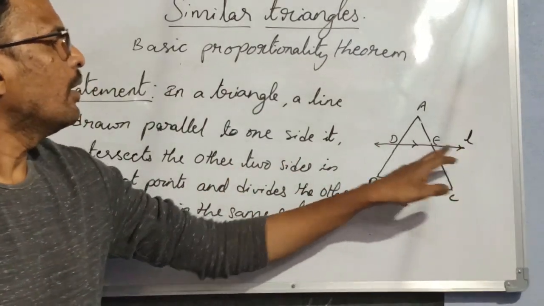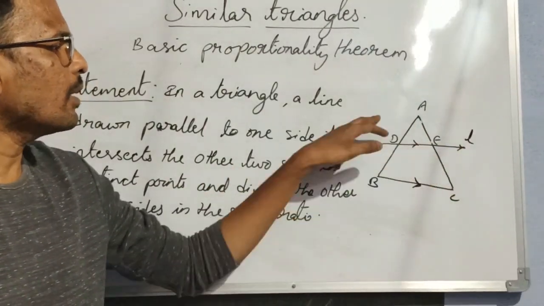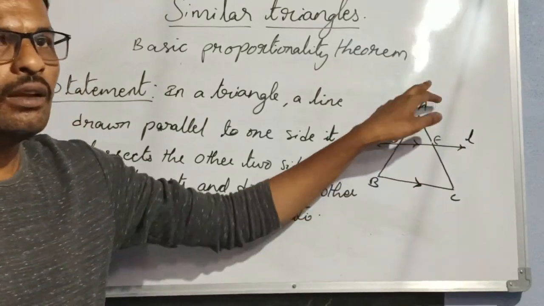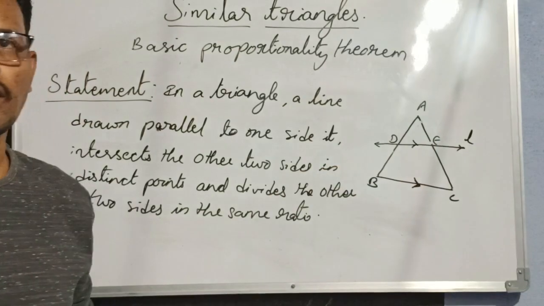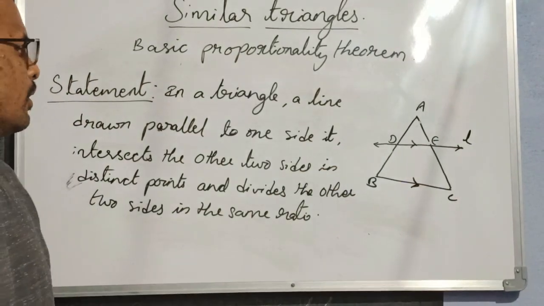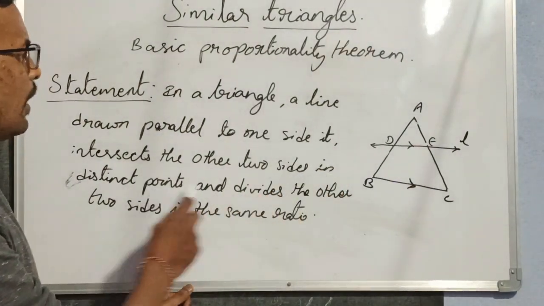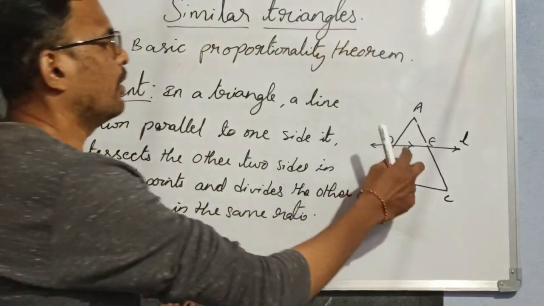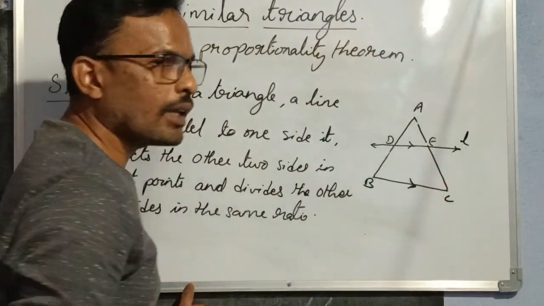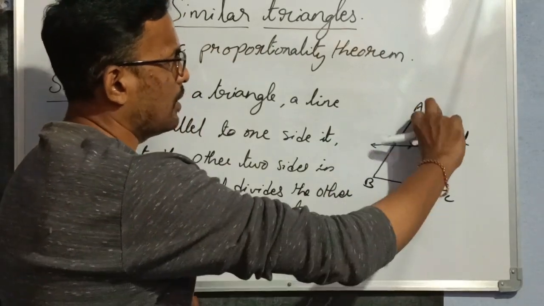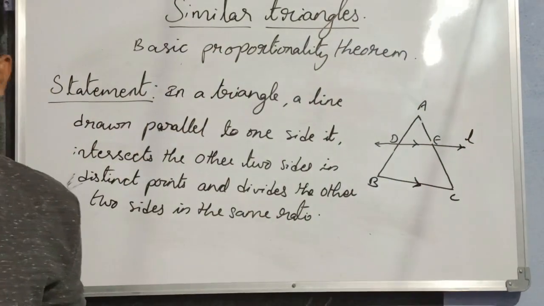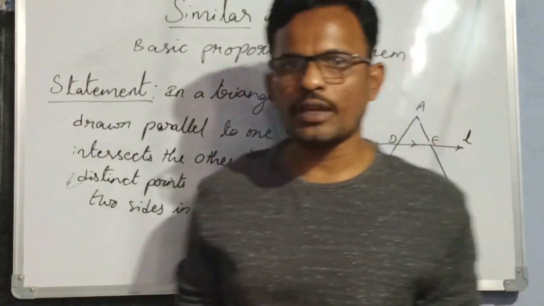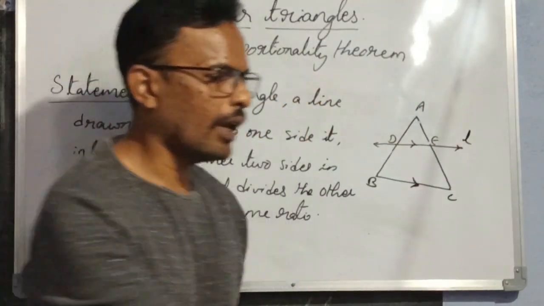So here this line is intersecting the other two sides in distinct points, means AB is intersected at point D and AC is intersecting at point E, and divides the other two sides in the same ratio, means AD by DB is equal to AE by EC. Understood? This is the statement of basic proportionality theorem.